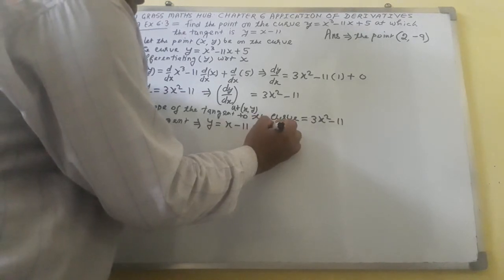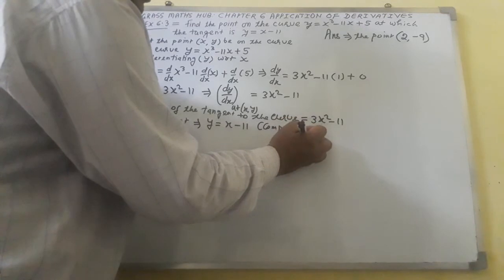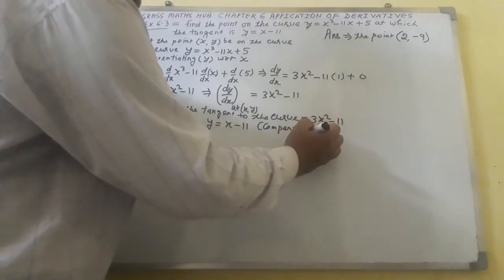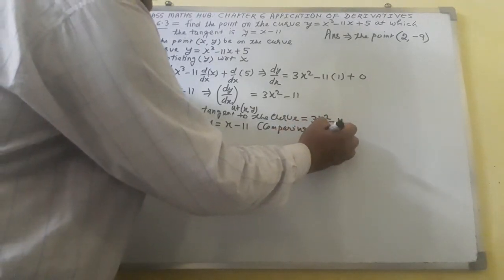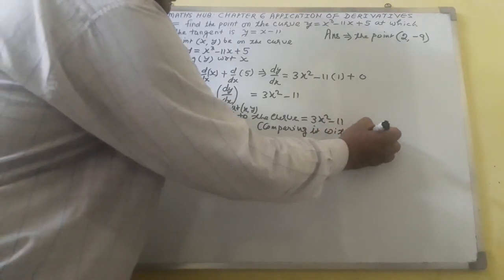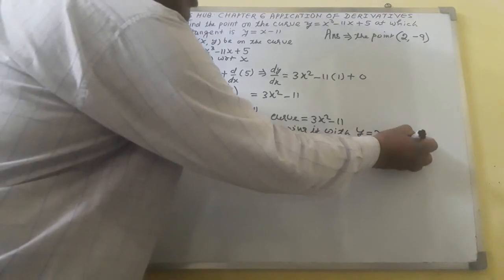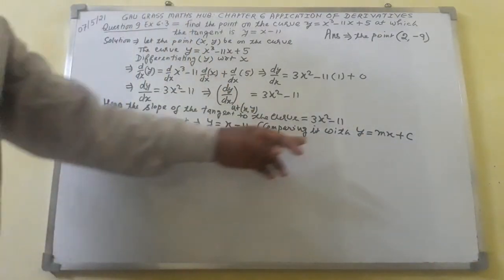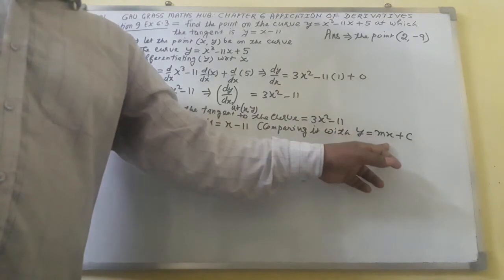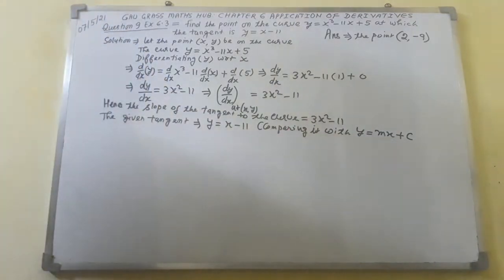Comparing it with y equal to mx plus c, y equal to mx plus c is the general equation of a line.